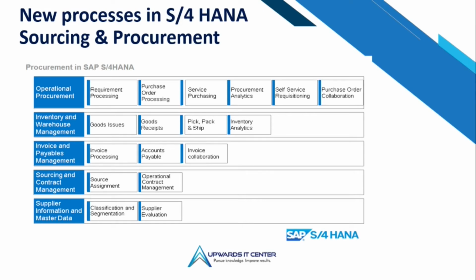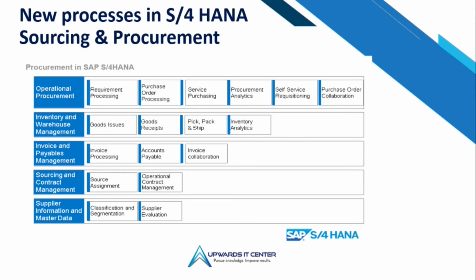And the invoice collaboration is also integrated with Ariba Network. So you can receive the invoice from your suppliers as a draft, and after that convert it to a real invoice in your S/4HANA system.